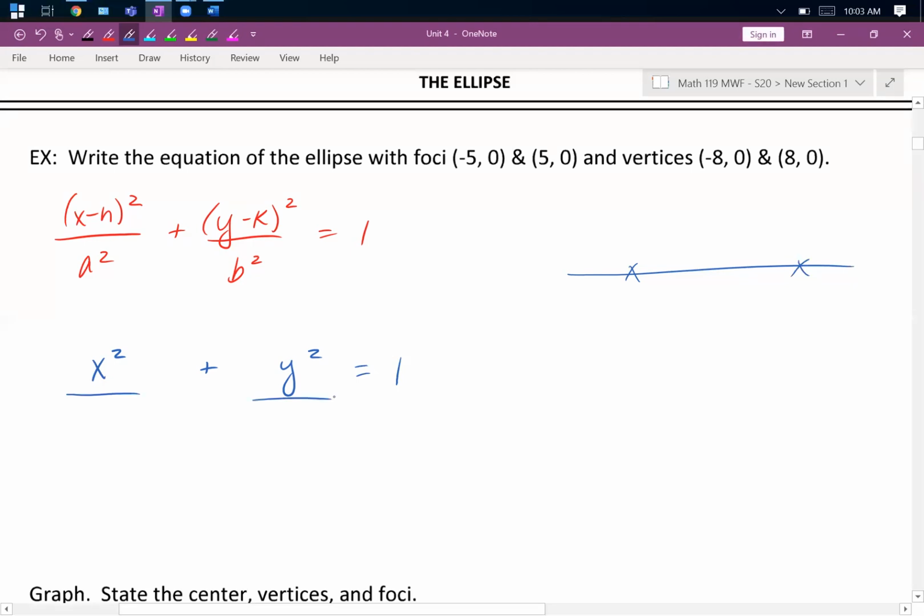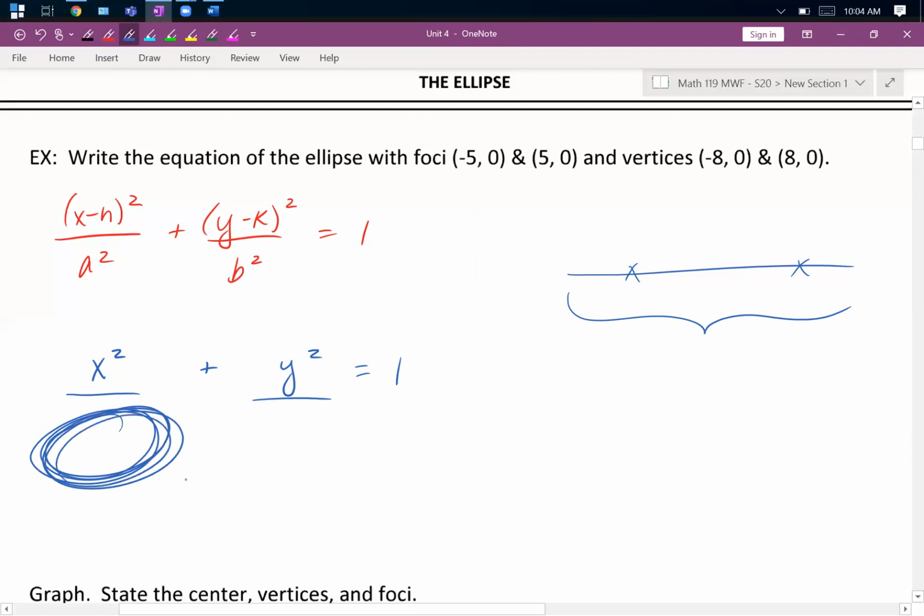All right, so now we got to get the denominators. So the big number is going to go underneath of the x since it's opening in the horizontal, and that's where our foci and vertices are. So remember that our major axis is whatever this number is, the square root of it times 2.